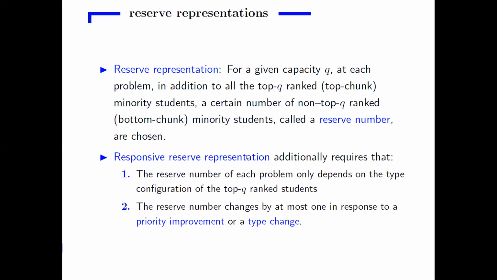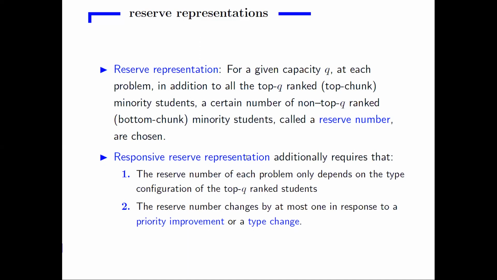Meaning that the reserve number changes by at most one in response to a priority improvement or a type change. Say that for a problem we have 5 reserved seats. And imagine that in that problem, just one minority guy increased his position by 1 position.